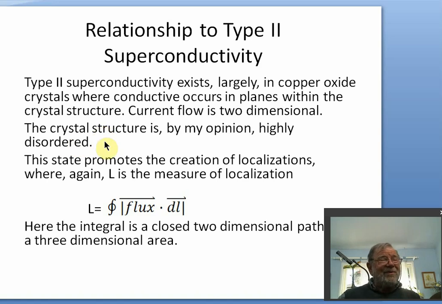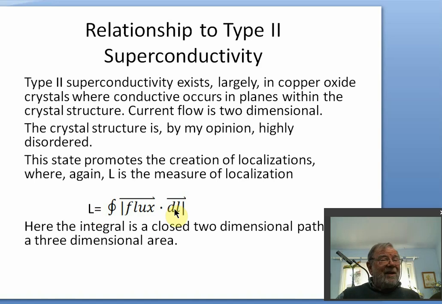And because crystals are by nature hard to grow without some disorder, the crystal structure is in my opinion disordered. This promotes the creation of localizations, where here L is the measure of localization.